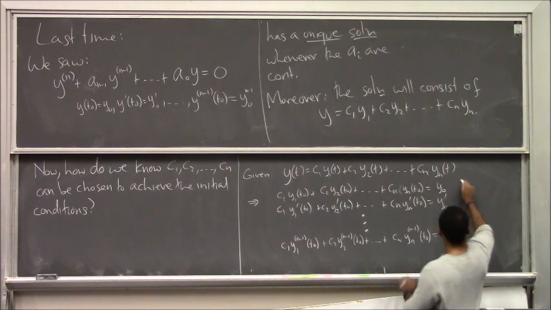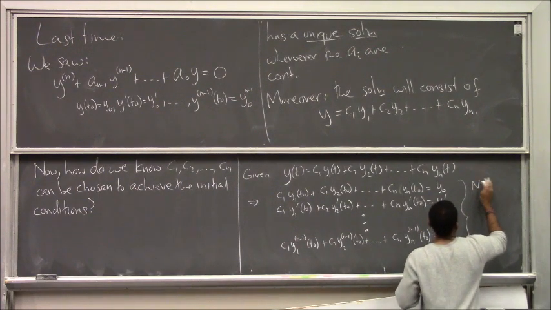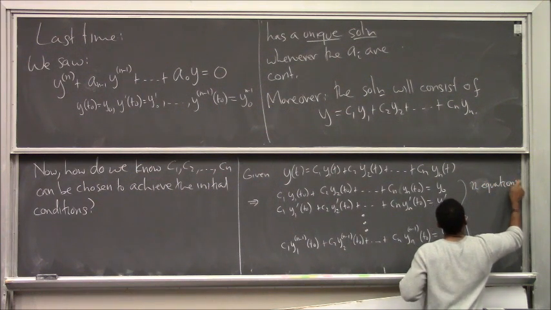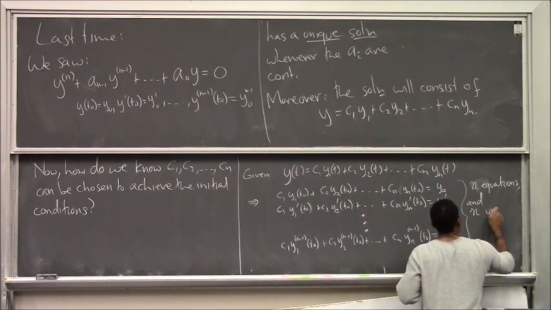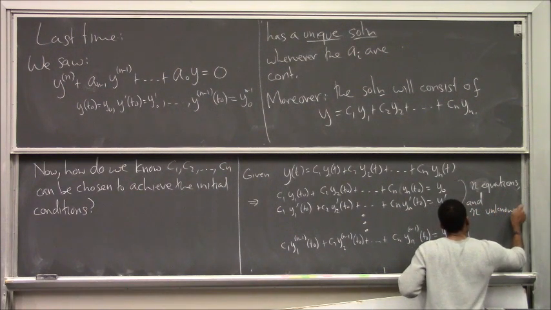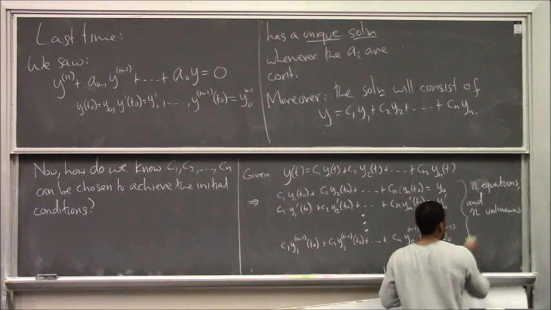Now, notice here, we have n equations and n unknowns. And the unknowns here are, don't mix them up, the c's.